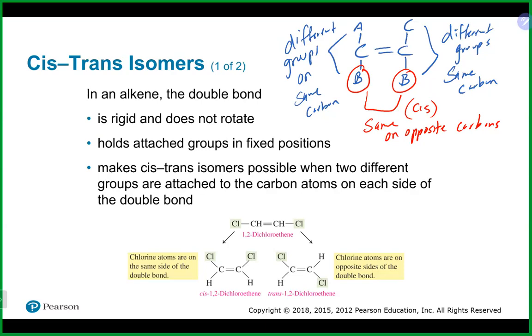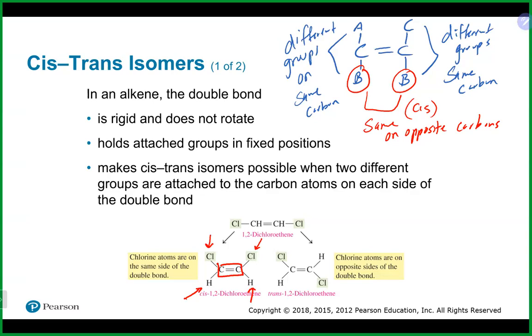So when we look down here, we want to focus on this carbon-carbon double bond. This carbon has a chlorine and this one has a hydrogen, which are different groups. This carbon on the right has a chlorine and this one has a hydrogen, which are also different groups.